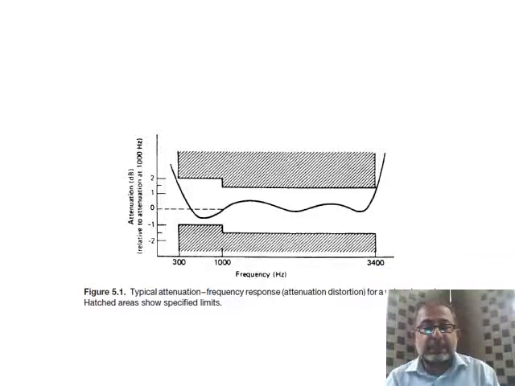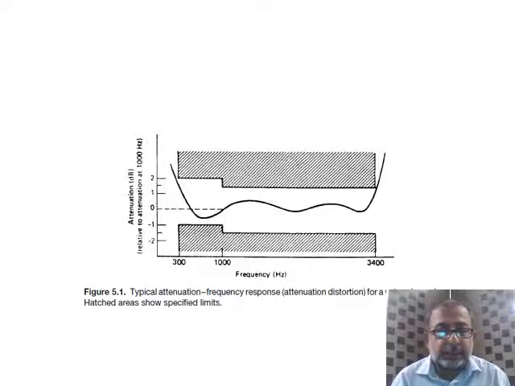You can see that the attenuation varies between -1 and 2 overall, but from 1000 to 3400 it varies between -1.5 and approximately 1.5.